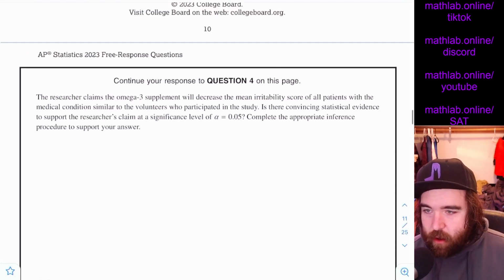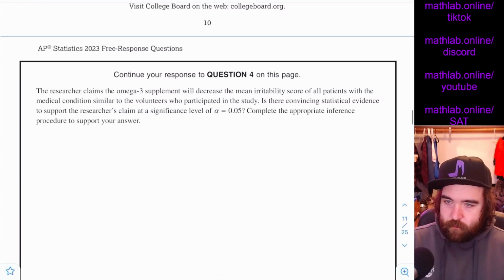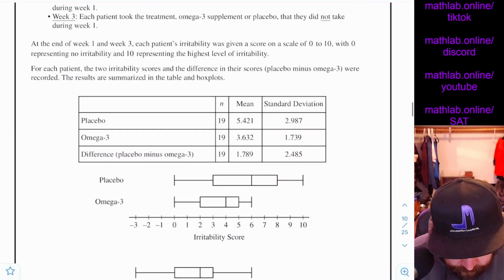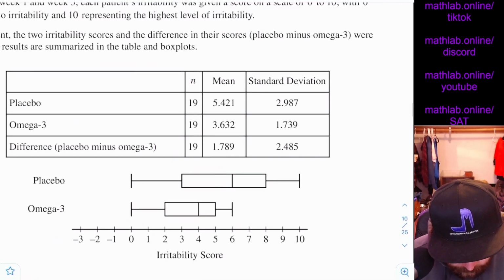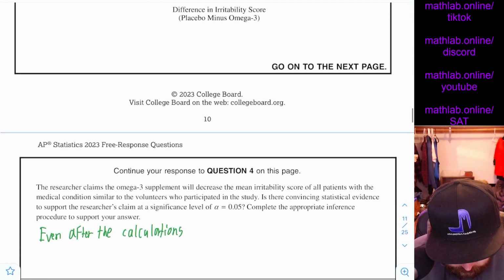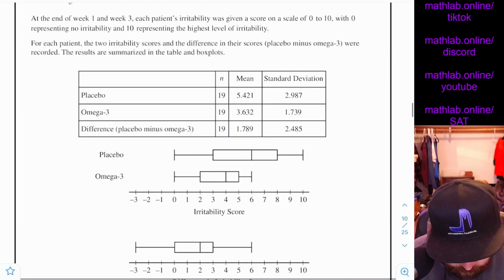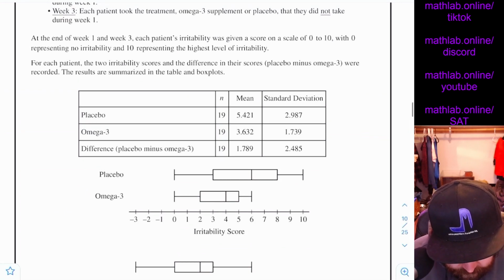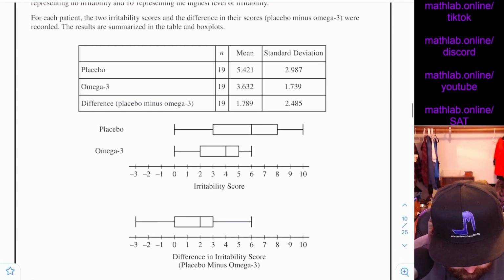Well, they can never say all. So I'm going to say, even after the calculations, I mean, for one, is that the difference per patient? 2 irritability scores and the difference in their scores were recorded.